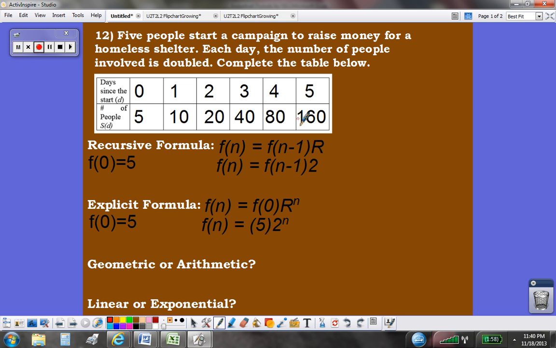Okay, so when you graph it, what you'll get is sort of a curve that goes up. Okay. So remember, when that happens, we say that well, first of all, this is a geometric sequence, and we call that an exponential function. Okay. All right, let's take a look at the next problem.